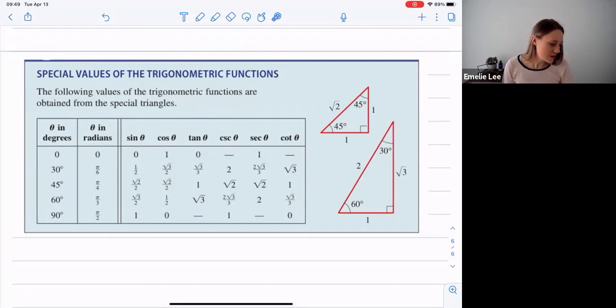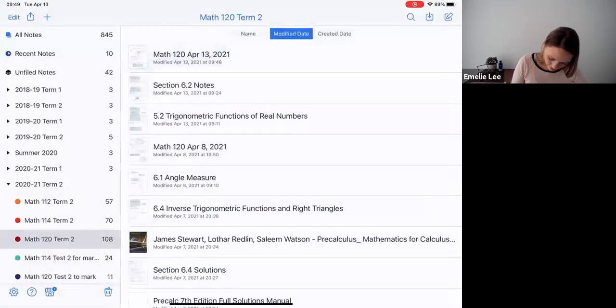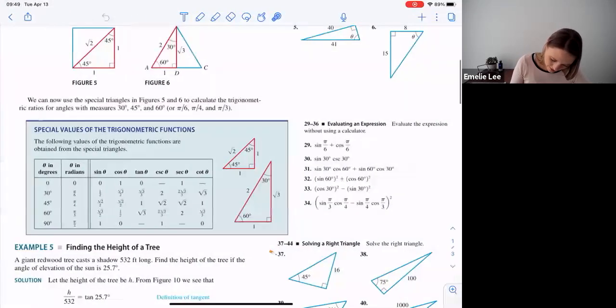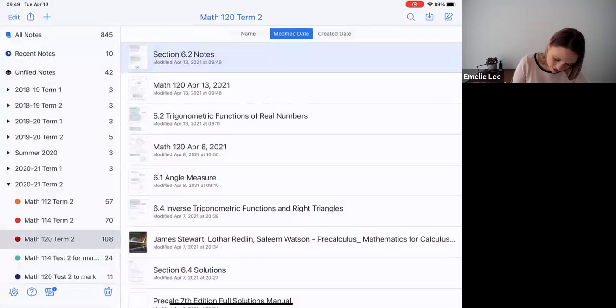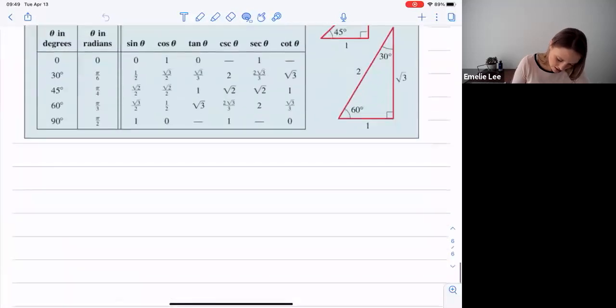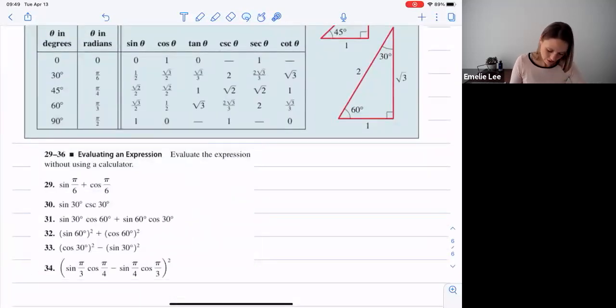Okay. So let's see here. I want to do one of these examples. Nothing crazy. So I want to evaluate the expression without using a calculator. So we absolutely can use our calculator for each of these, right?